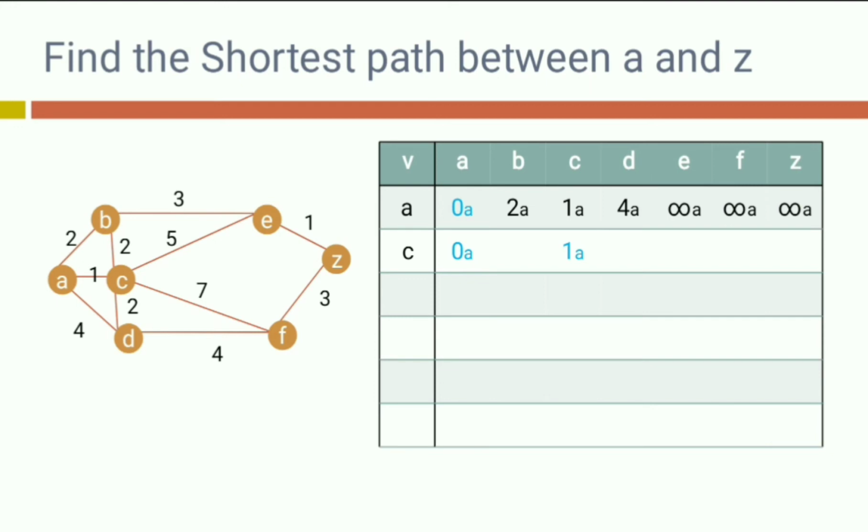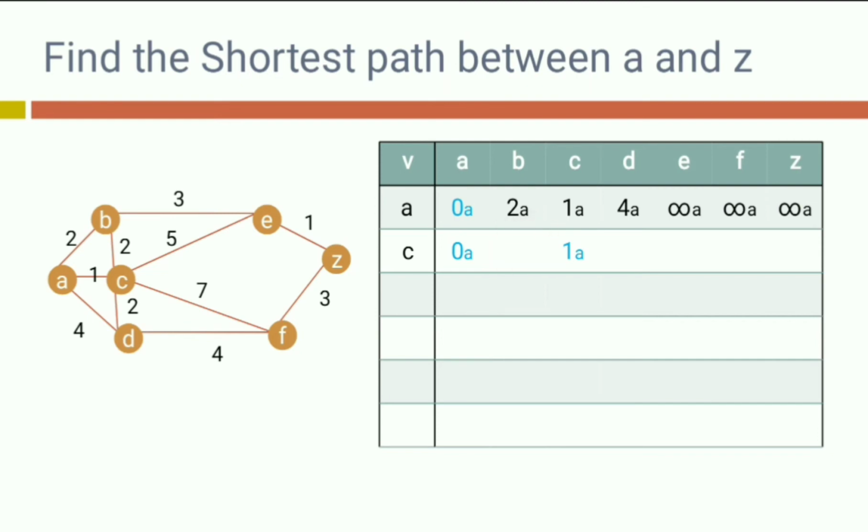The distance of B from C is 2 and the path is coming from A, so 1 plus 2 becomes 3. It's not good to write 3 here because that increases our path, so it will remain 2A.